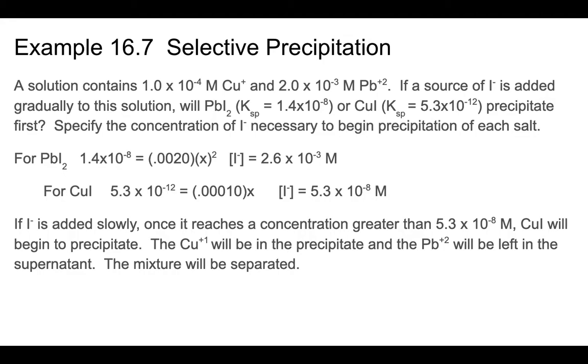I have to get the iodide up to 2.6 times 10 minus 3 and beyond before the lead will precipitate. So what we've just shown here is that iodide will precipitate copper plus 1 in this mixture before it precipitates the lead plus 2. So we can add the iodide until all the copper plus 1 has been precipitated, and then pour off the supernatant, and the mixture will be separated.